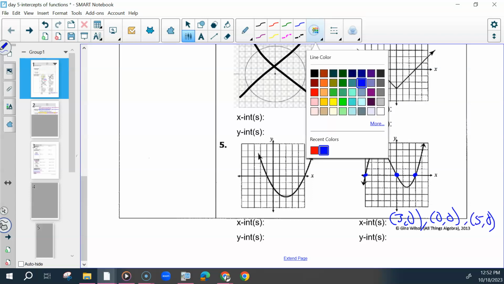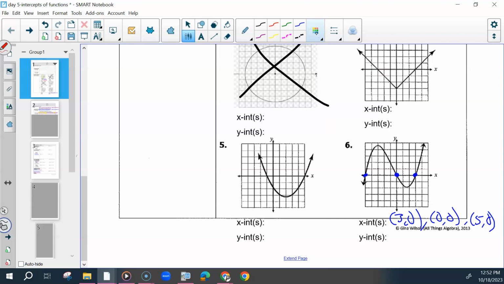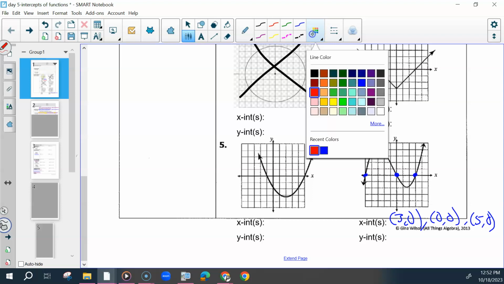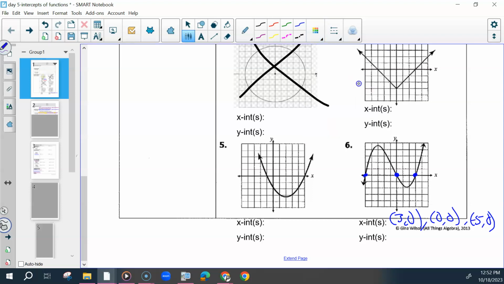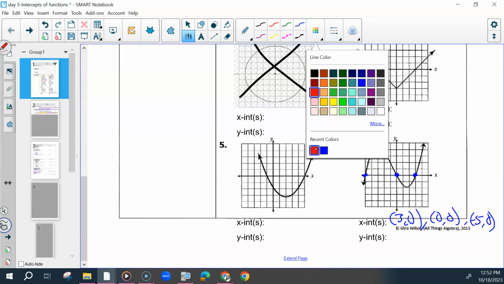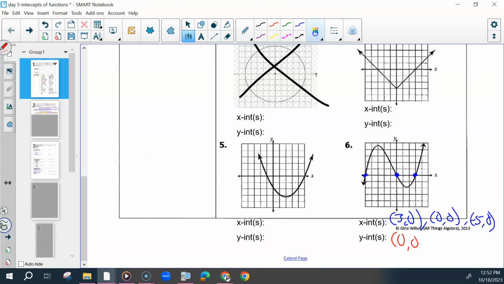And then your y-intercept. It's 0, 0. The y-intercept is also at 0, 0. If it goes through the origin, it's the same. Any others we want to go over, have questions about in that section?